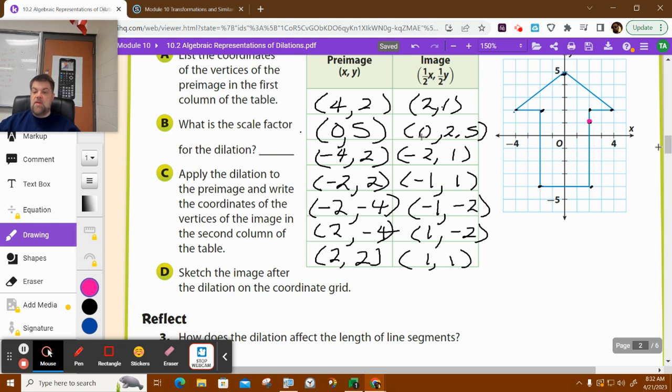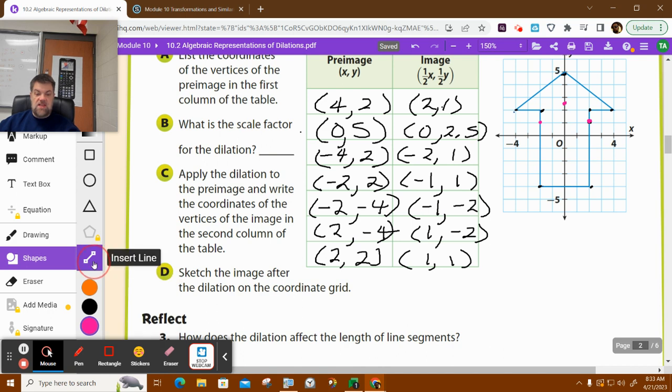All right, so now I'm going to do 0, 2.5, so that's about right here, right? And then I'm going to do negative 2, 1, that's here. Then let me start connecting these so I can start to see the image. So from here to here, right? And then from here to here.